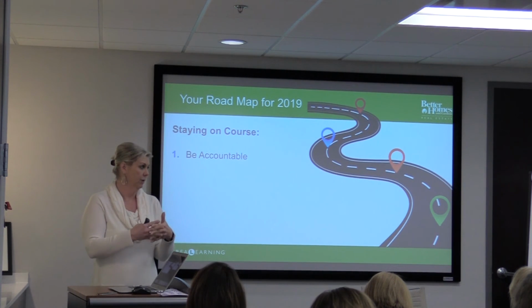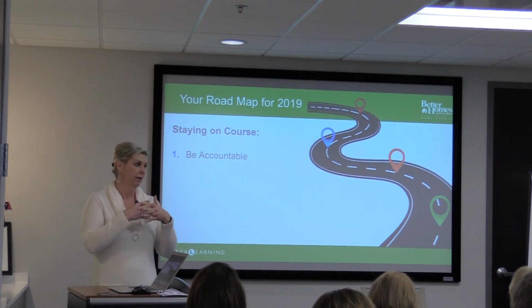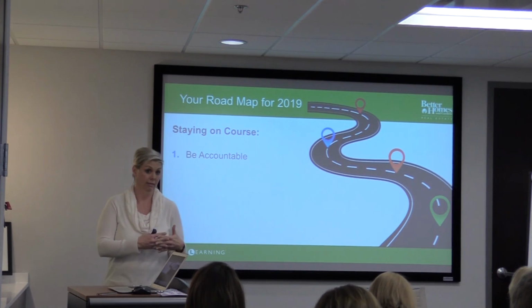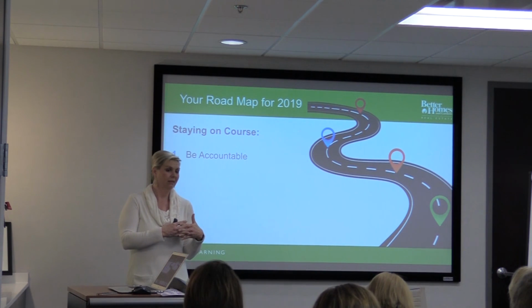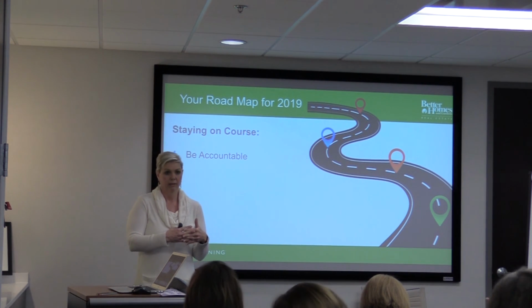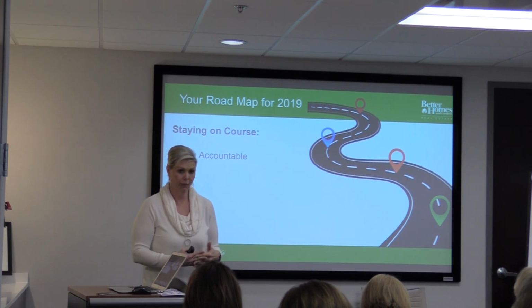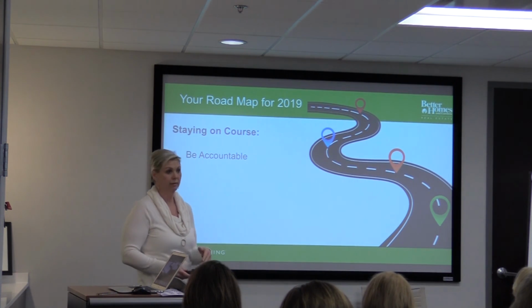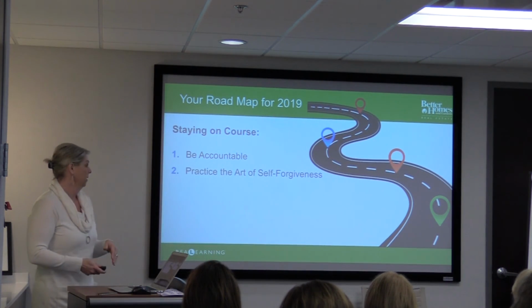If the only person that you are being accountable to is yourself, you're going to set yourself up probably for failure because it's really easy to say, I'll do it next week. Then all of a sudden it's June and you've done nothing. When you have somebody that's holding you accountable, much better rate of success.